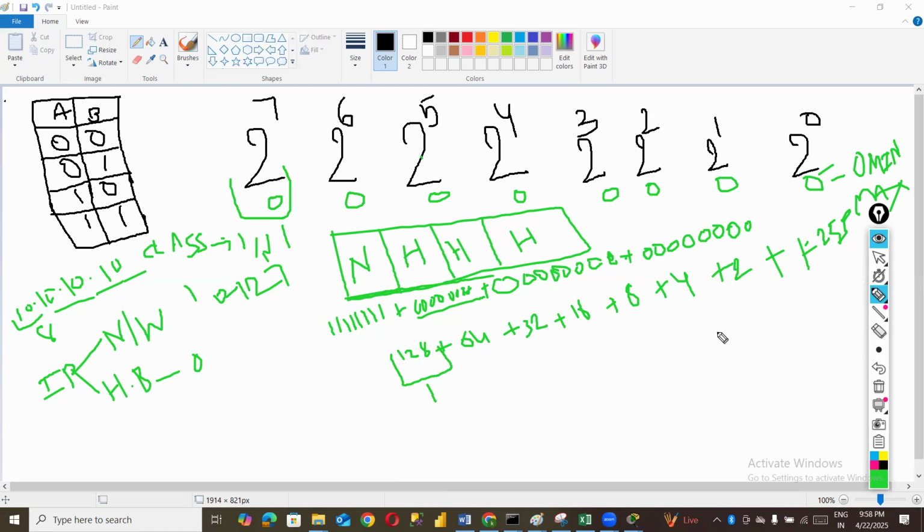So this is reserved. The reserved one we have to take as 0. Let me change this.